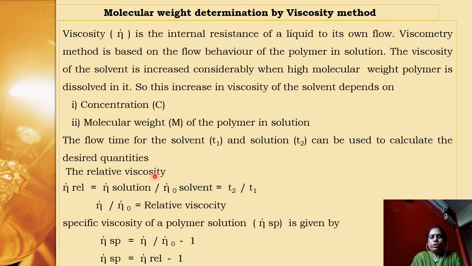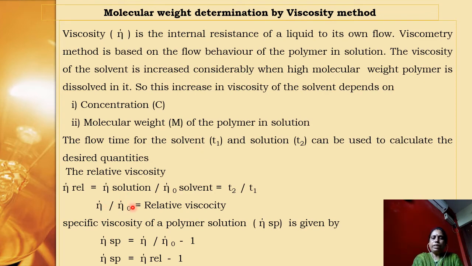Once again, the relative viscosity is represented as eta rel, which is equal to eta of the solution by eta of the solvent. That is equal to the flow time ratio, T2 by T1, where T2 is the flow time of the solution and T1 is the flow time of the solvent.